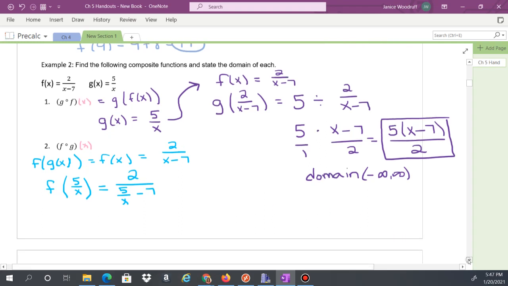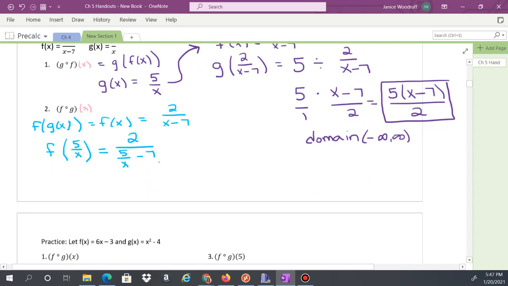And that looks a little messy to me, so we can clean that up. 5 over x minus 7 over 1. Get a common denominator here, which would be x. We'd have to tack on an x here. So this would be 2 divided by 5 minus 7x over x. And that still looks a little messy, so I'm going to do what I did here.